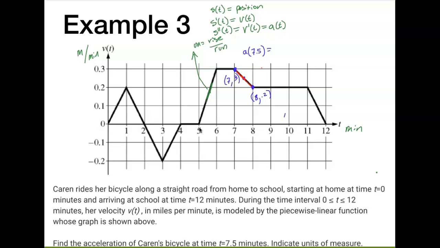So it is equal to 0.3 minus 0.2 over 7 minus 8, which is 0.1 over negative 1, which is negative 0.1, and this would be, as we said in the chat, units of miles per minute squared.